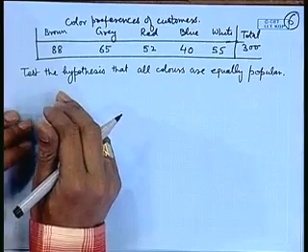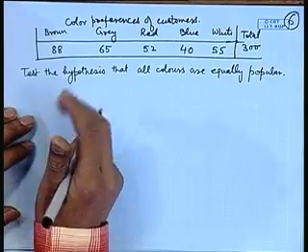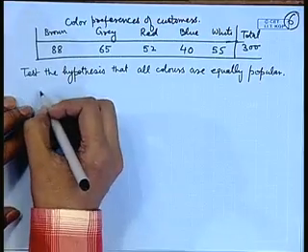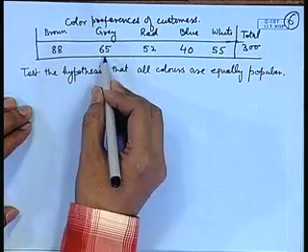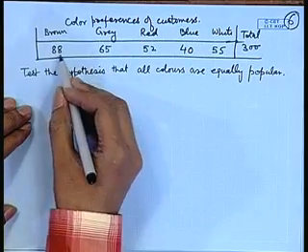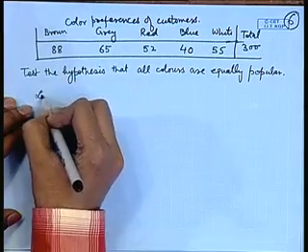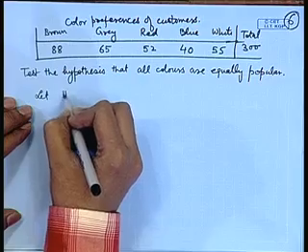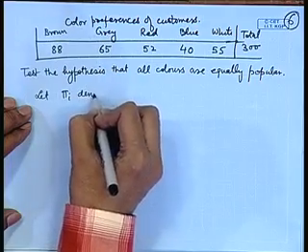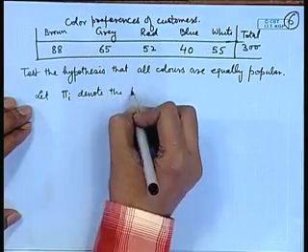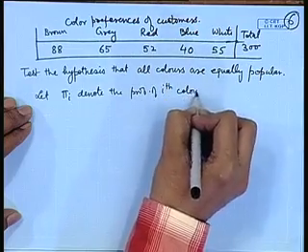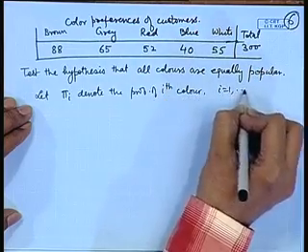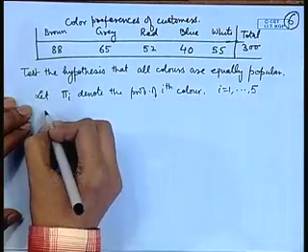So, if we want to frame a hypothesis in the form of a test of goodness of fit, what we can do is the hypothesis is of the form that each cell has probability 0.2. So, let pi I denote the probability of ith color for I is equal to 1 to 5. There are 5 colors here.